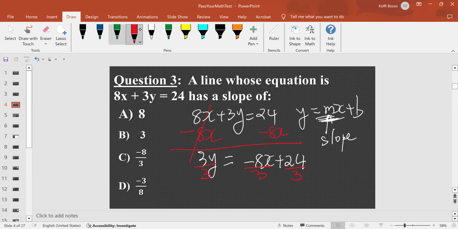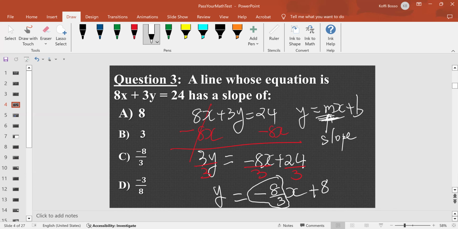So you will see that we have y equal to negative 8 over 3 x plus 8. What we are looking for is the slope, which is the number attached to x. We call this the coefficient of x. So negative 8 over 3 is the slope. And the correct choice is C.